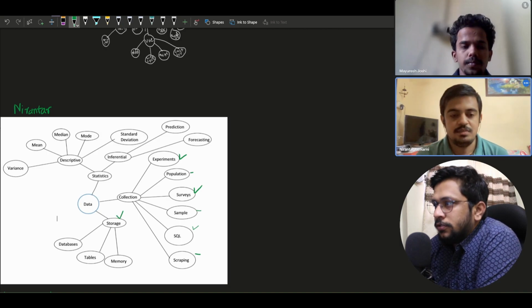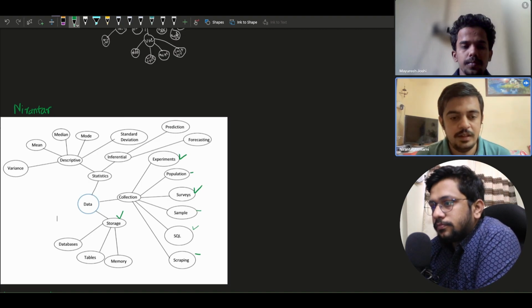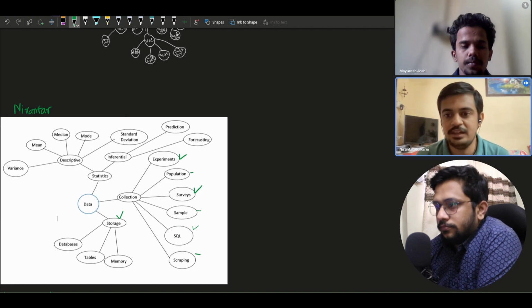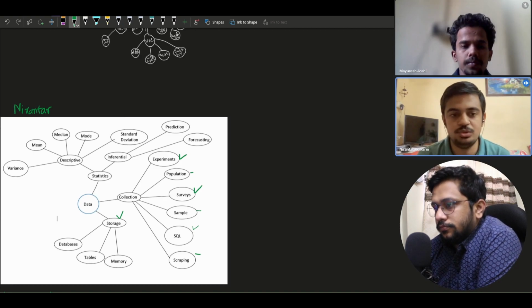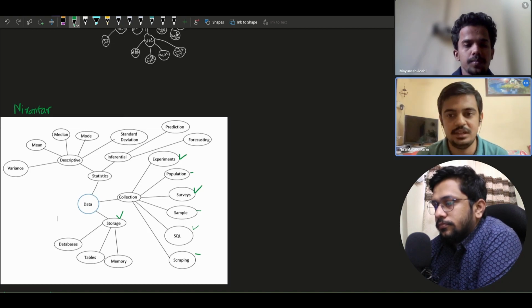Got it. Similarly, if we want to understand our data, we need to perform some operations on it and get an idea about it. For that we use statistics. There are two main types of statistics, descriptive and inferential. Descriptive means we need to describe the data.